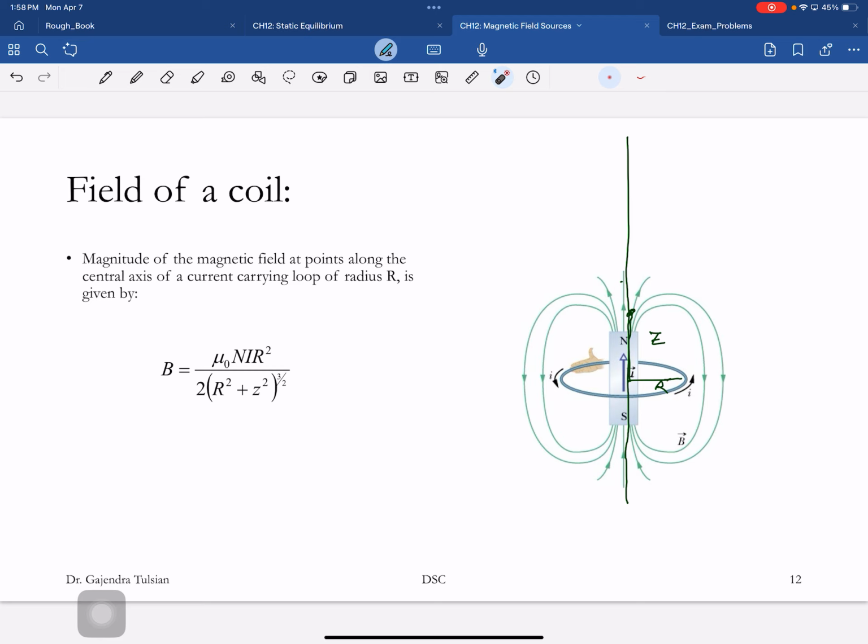There's the expression. Okay? So for a loop, R is the radius of the loop, and Z is the distance along the Z-axis measured from the center.